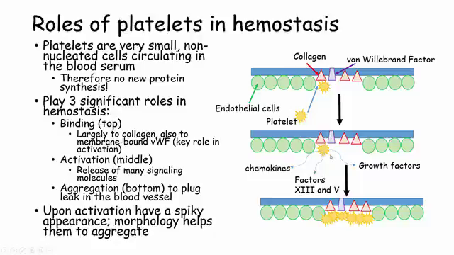Now, after the secretory phase has gone on, the activated platelet then does something else. The chemokines, the chemoattractant molecules that are released, attract other platelets. And that brings us to the third role of the platelets. They aggregate together, they stick and form a clump that physically blocks the hole or the leak in the blood vessel wall.